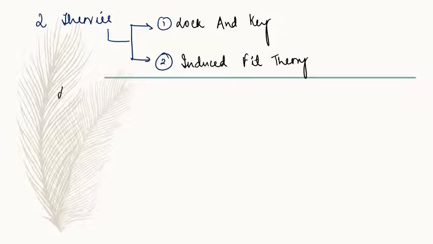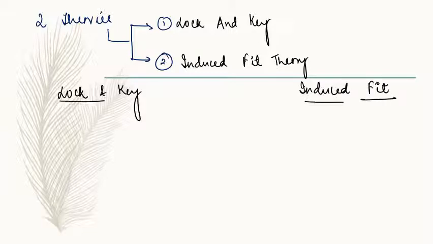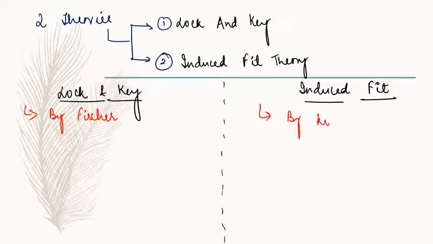If I write here lock and key, and here induced fit theory, how it works is, see here everyone, the lock and key theory was given by Fisher, and this induced fit was given by Koshland, right?